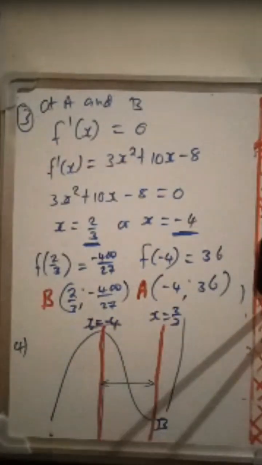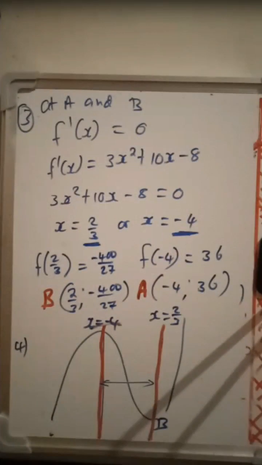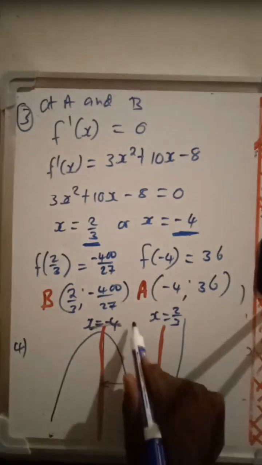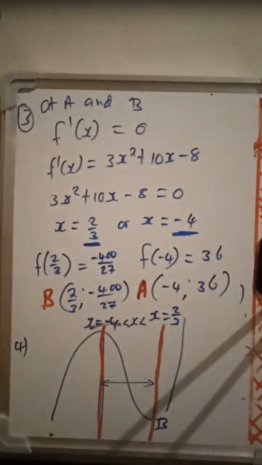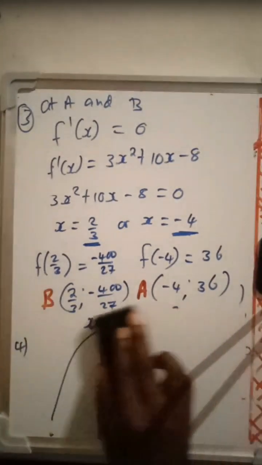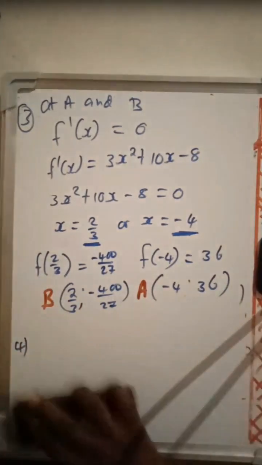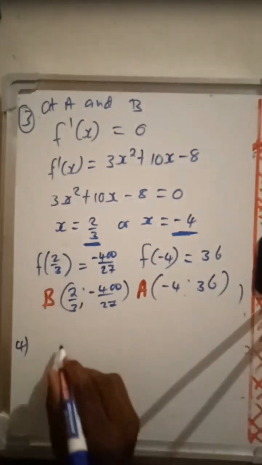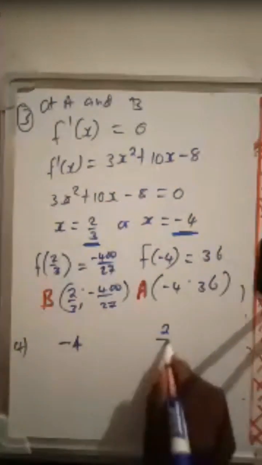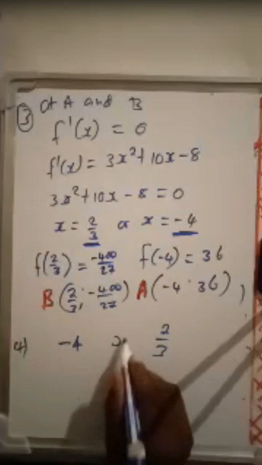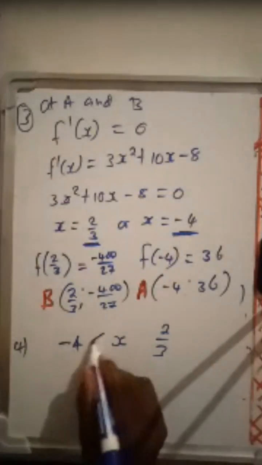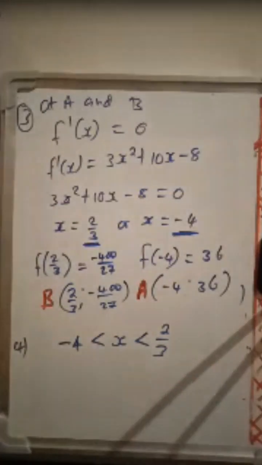How do we present that? From our inequalities, x in between. Let me just write it properly. So we have decided it's decreasing between negative 4 and 2 over 3. If it is between any 2 values, you put the x in between, then put less than signs like that.